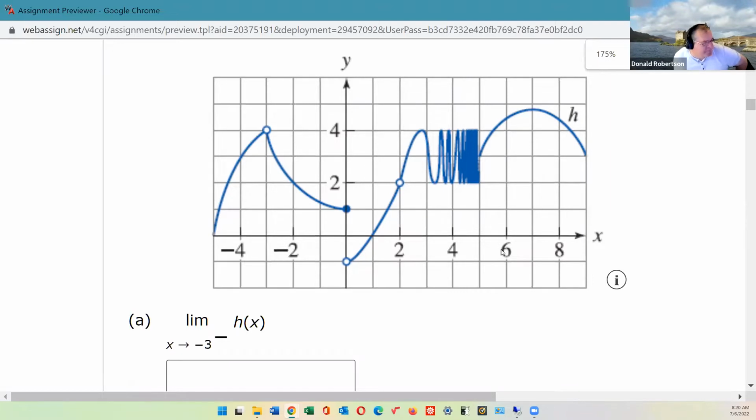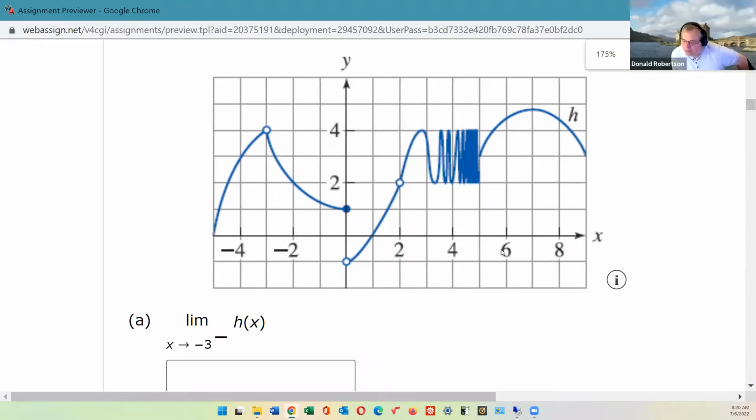What would the limit as x tends to 2 minus be? 2. And the limit as x tends to 2 plus? 2.